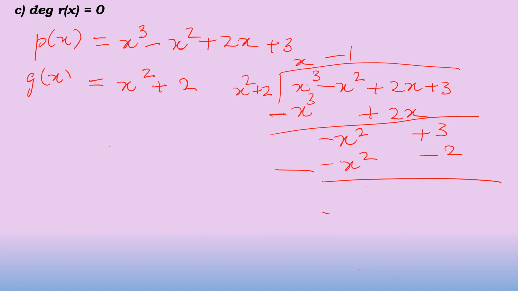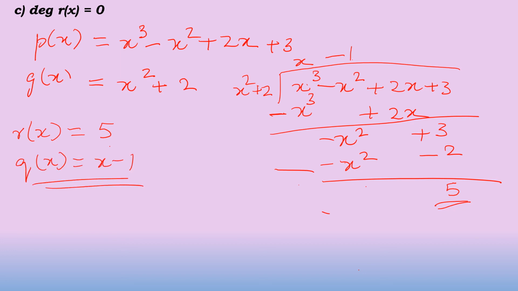Plus 3 minus minus 2, which is equal to 5. So, now you have got r of x is equal to 5 and q of x is equal to x minus 1. So, if you look at the degree of r of x, the degree of r of x is equal to 0. It has satisfied this condition.